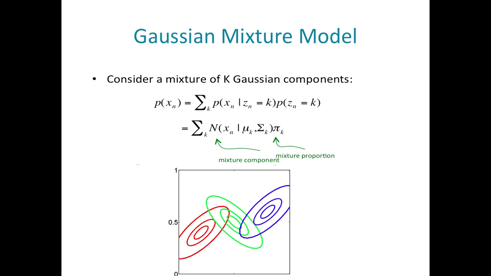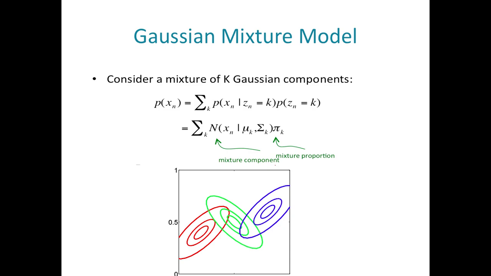The probability of a given point happening in our data set can be explained as the probability of a given cluster k happening, multiplied by the probability, given that cluster, of the point Xn being a member of that cluster, okay? In other words, we can express this as a linear combination of different Gaussian distributions, meaning that a given point can be part of Gaussian 1 with a given mixture proportion, can be part of Gaussian 2 with a given mixture proportion, and so on.